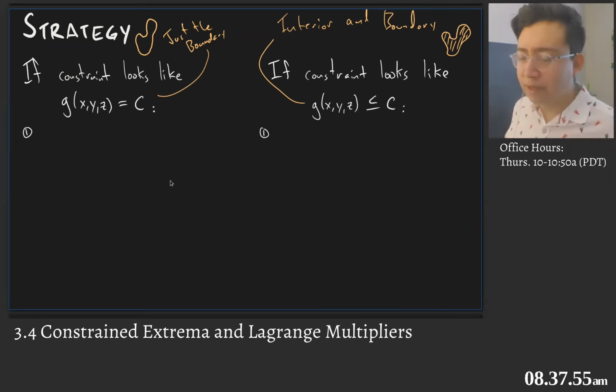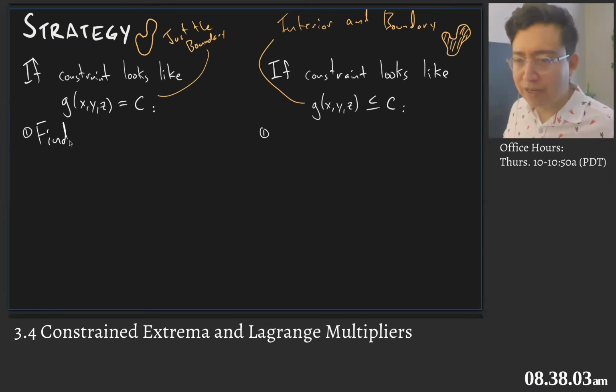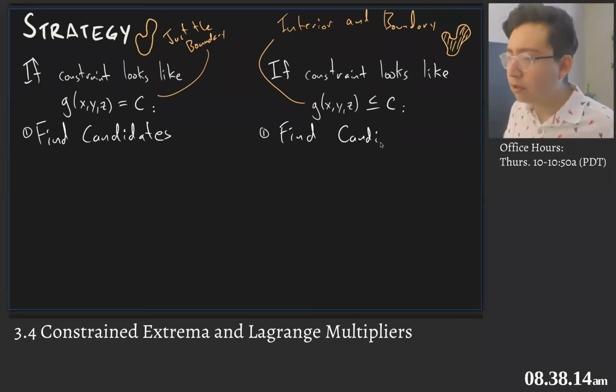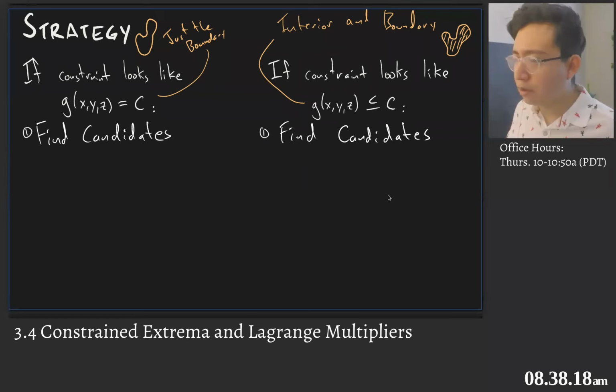So the steps here are very similar to the steps in the last chapter, in the sense that your first step is to find the candidates in both of these cases. But how you do that is going to be different for each of these.